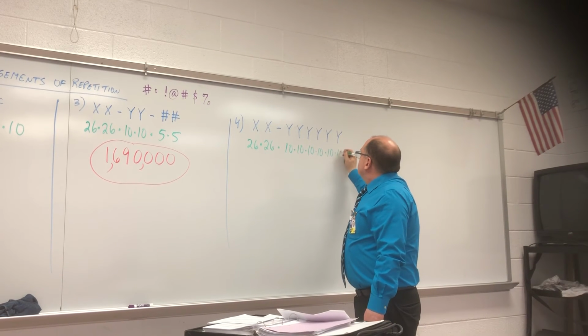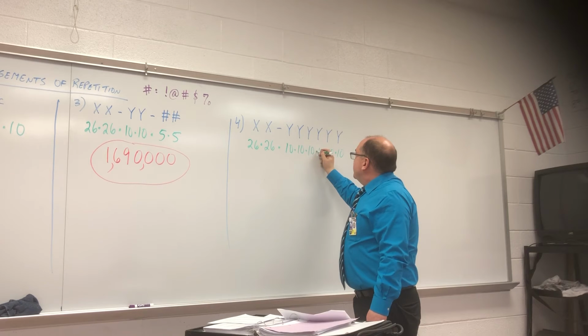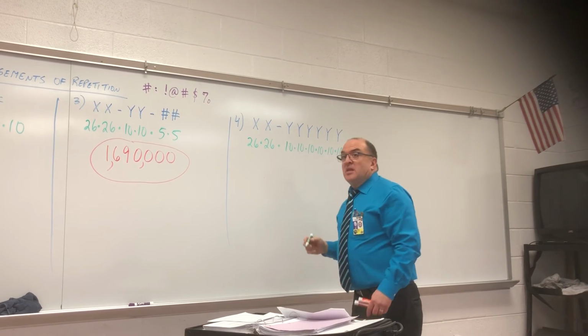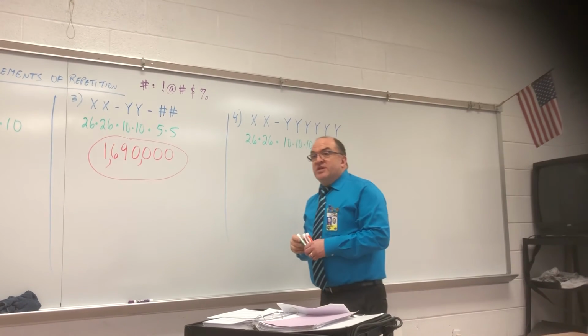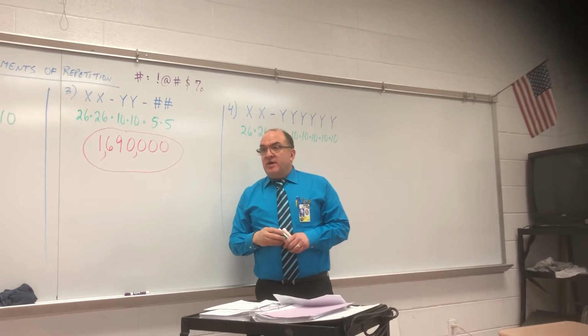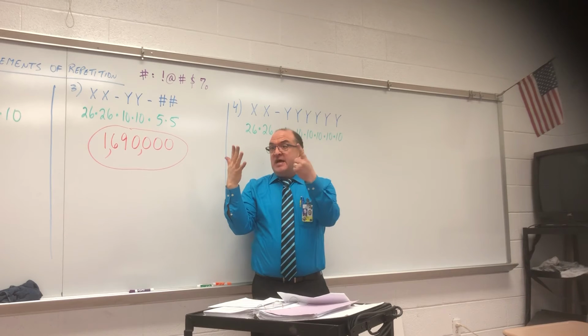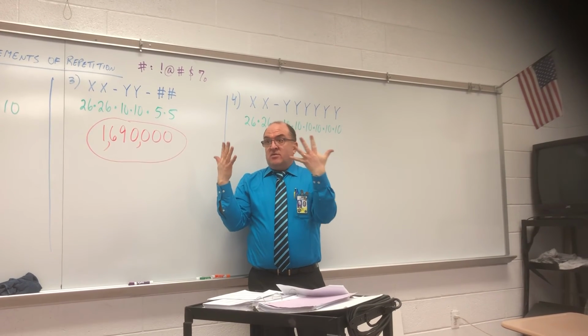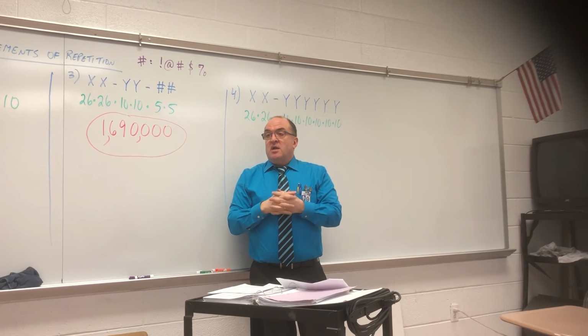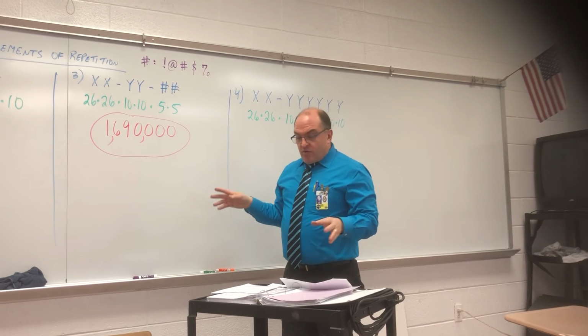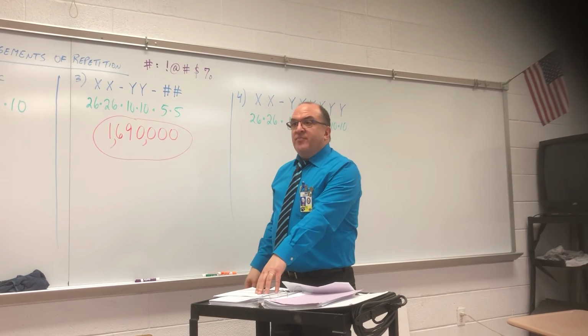What do I mean by 0 to 9? From 0 to 9, isn't that 10 digits? 0, 1, 2, 3, 4, 5, 6, 7, 8, 9, right? It's written in the problem in front of you.